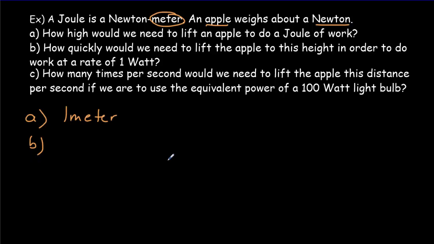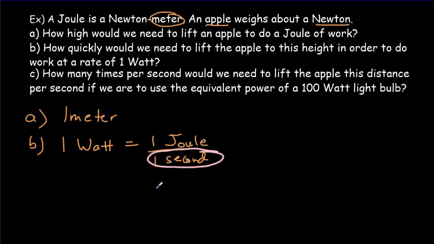Part B, how quickly would we need to lift this apple to this height in order to work at a rate of 1 watt? Well, of course, 1 watt is equal to 1 joule per 1 second. In other words, we're going to have to take 1 second of time to lift our apple in order to do work at a rate of 1 watt.